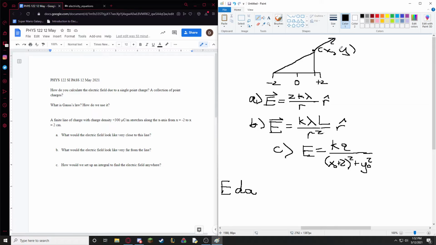Let's break that down into X and Y components. How would we break it into X and Y components? Let's not worry about the sum of all the stuff. Let's worry about just this individual point charge at the end here. How do we get the X component of the electric field from our point charge at the far end?